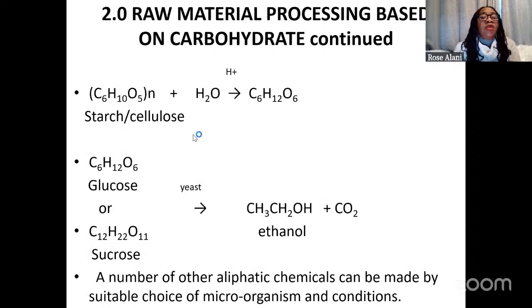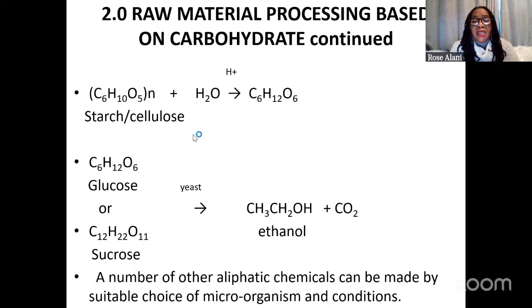When you look at fermentation here, production of organic chemicals based on carbohydrate, you carry out fermentation of starch, and then you obtain glucose from starch or cellulose. Then that glucose, in the presence of yeast, undergoes fermentation and forms ethanol.